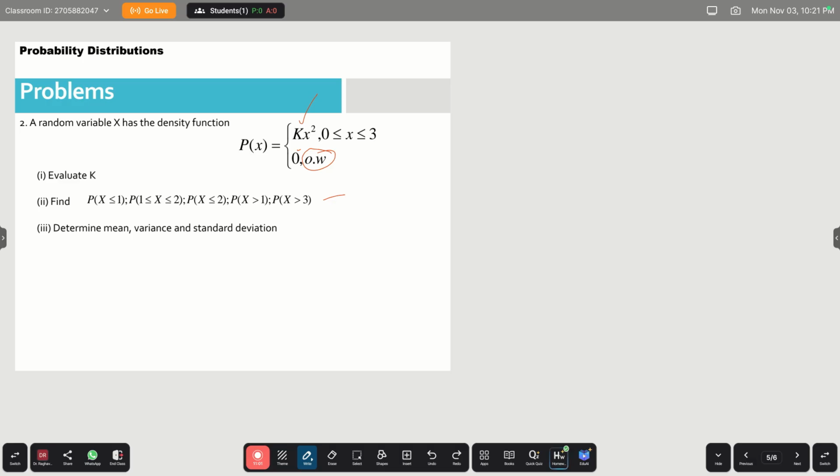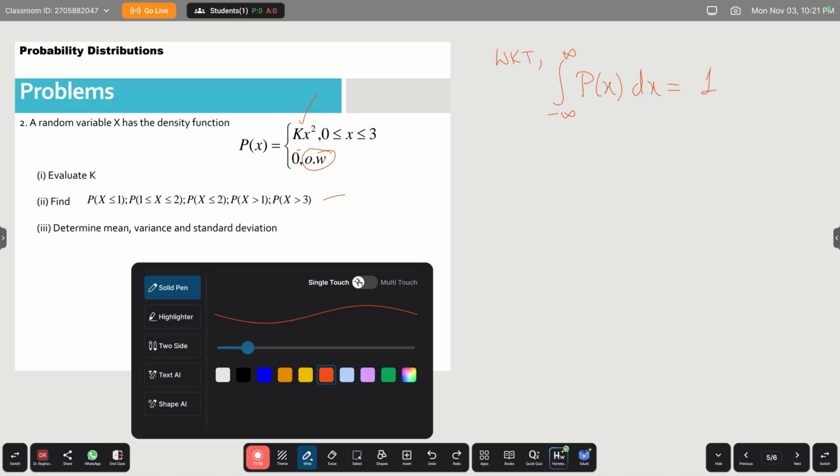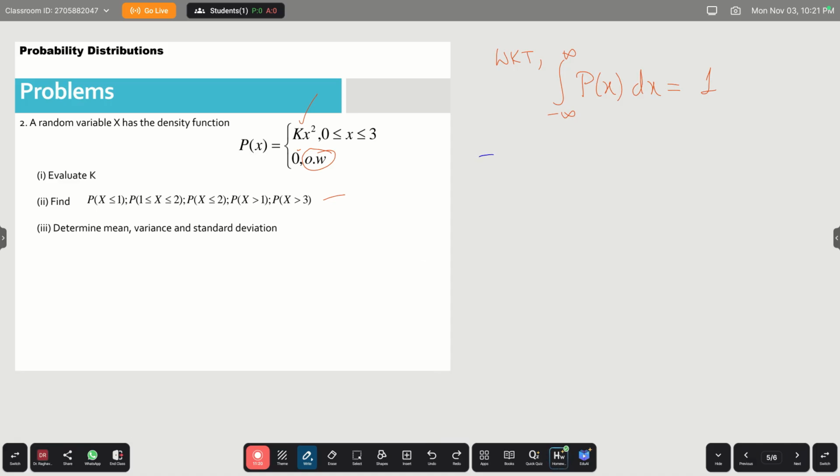So what is the idea? We know that when I integrate from minus infinity to plus infinity, the function given must give me 1. Okay. So here I'll just substitute p of x.